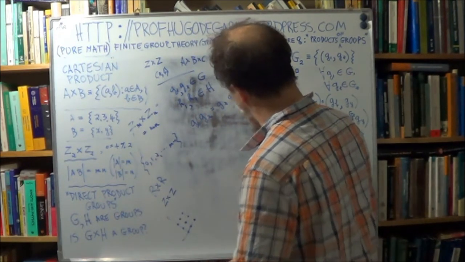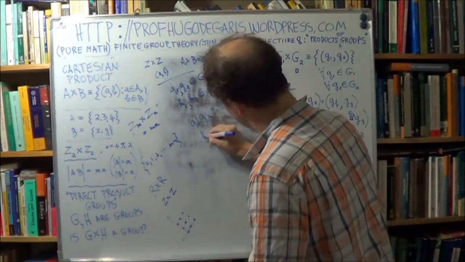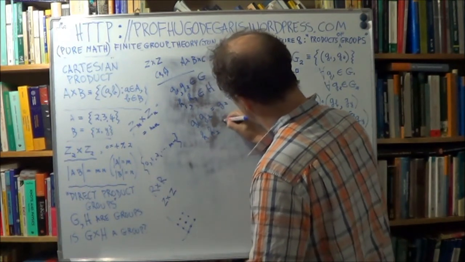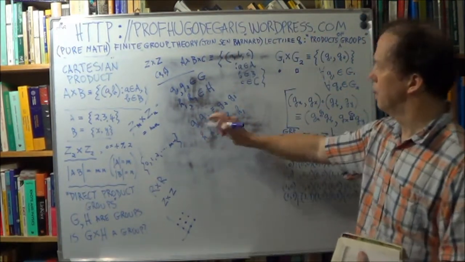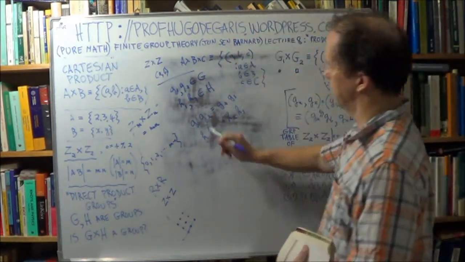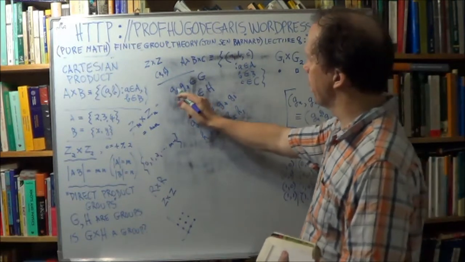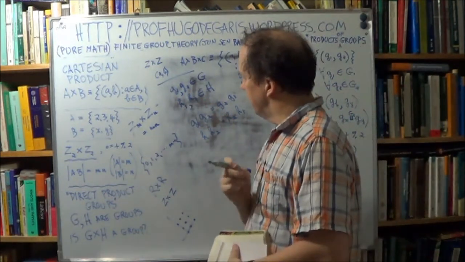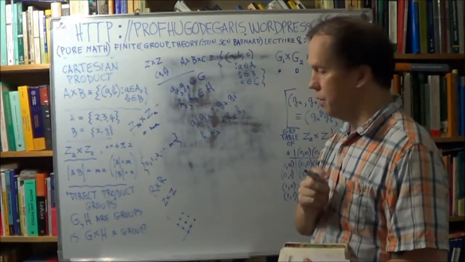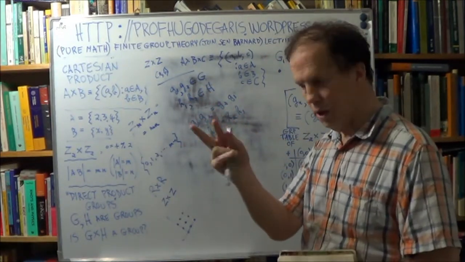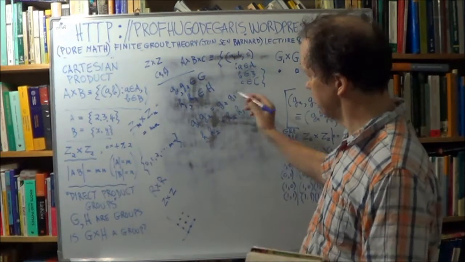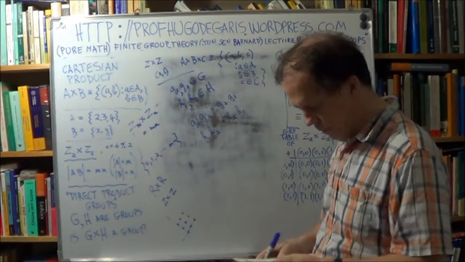And similar logic, h1 h2 equals h2 h1, because G is abelian, H is abelian. So any binary operation on any two of them, you can switch. Right?